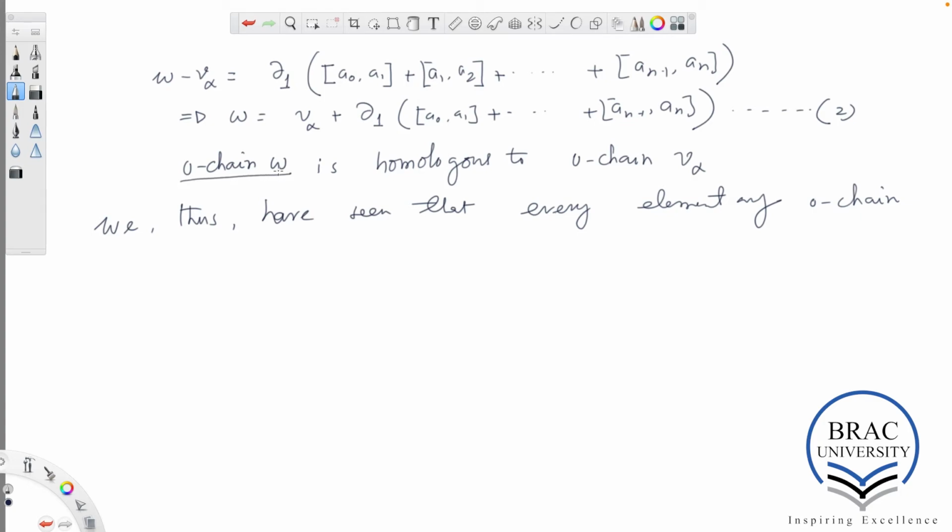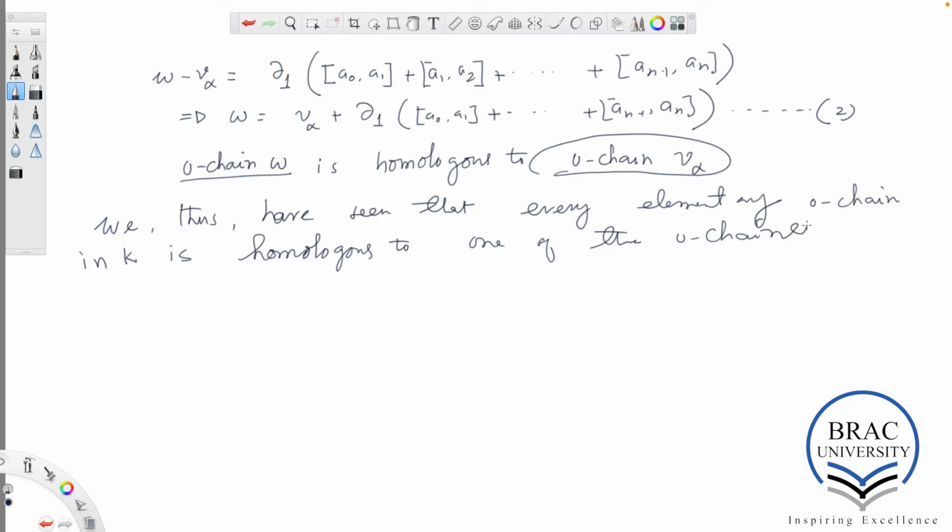Every elementary zero chain in the complex K is homologous to one of the zero chains in the collection, right? One of the zero chains V alphas appearing in the collection.